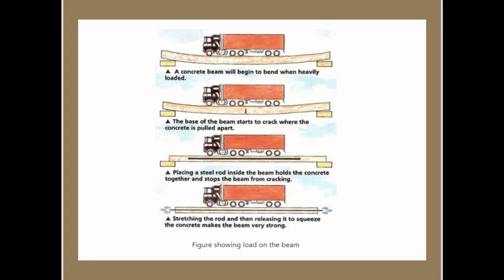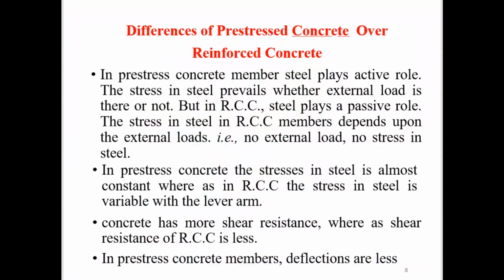So this concept is better than the RCC concept. This is what I wanted to explain by showing this diagram. So let's go to the differences of pre-stressed concrete over reinforced concrete.